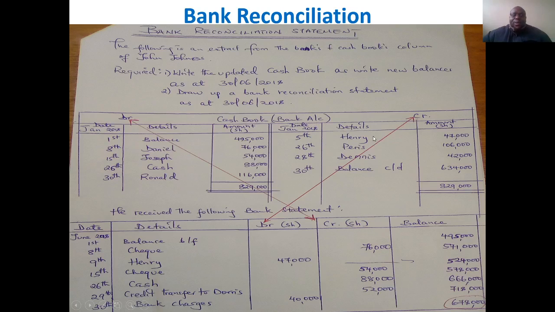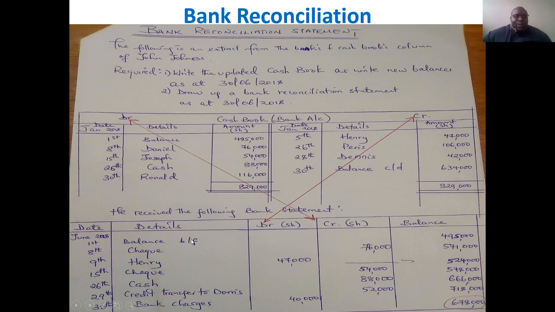And we will have paid out money in form of a check to Henry, 47,000 on 5th. On 26th, we pay Paris, 106,000. On 28th, we pay Dennis, 42,000. The debit side is larger than the credit side, with a difference of 534,000.